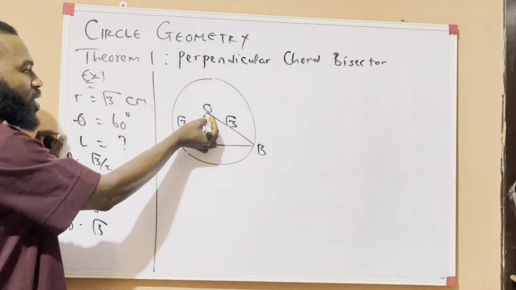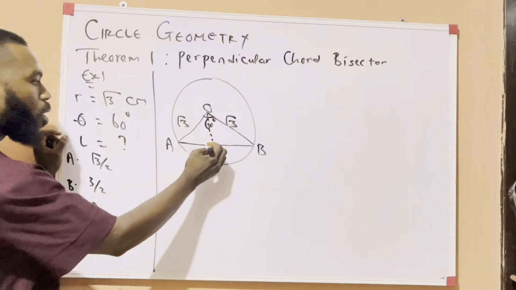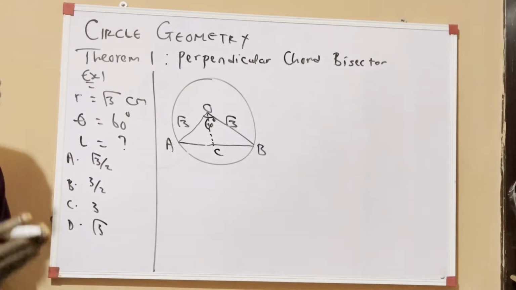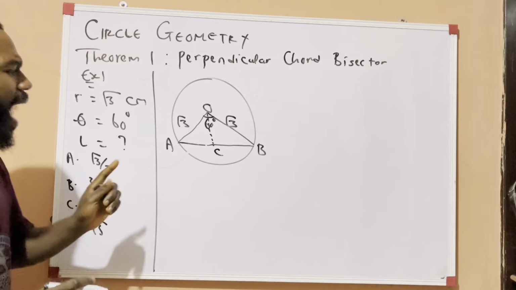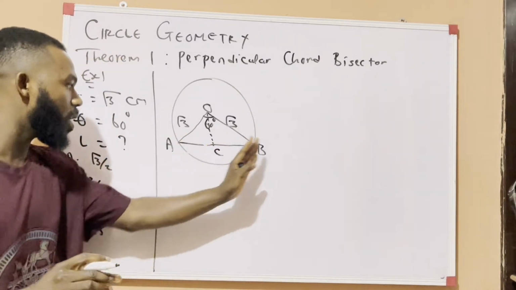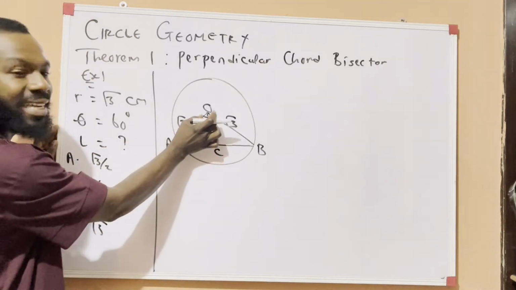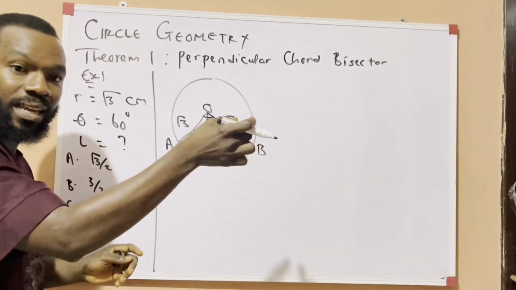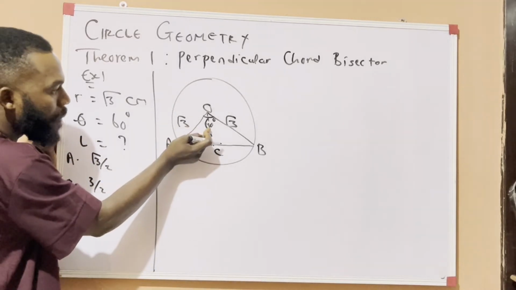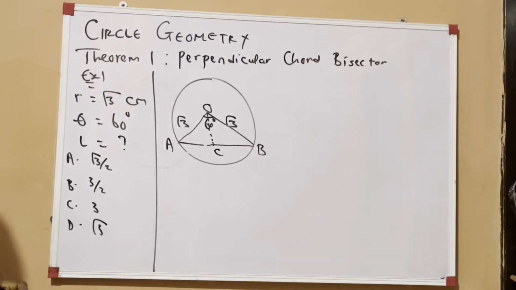If we introduce this line and call this C, line OC, you will notice that I bisected the length into two, AC and BC, and I also bisected the angle at the center. So from this part here will be 30, and from here also will be 30.